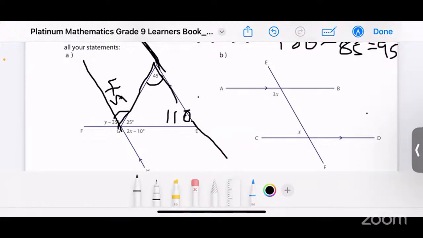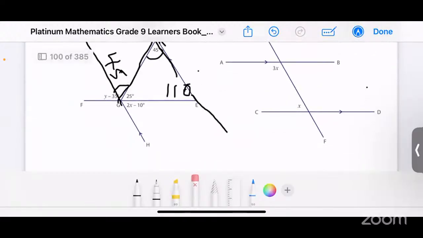So now I'm having on Y. On Y, it's what? Y minus 35 plus 45 plus 25. All those things, they must give us 180. Why? I want to write here.